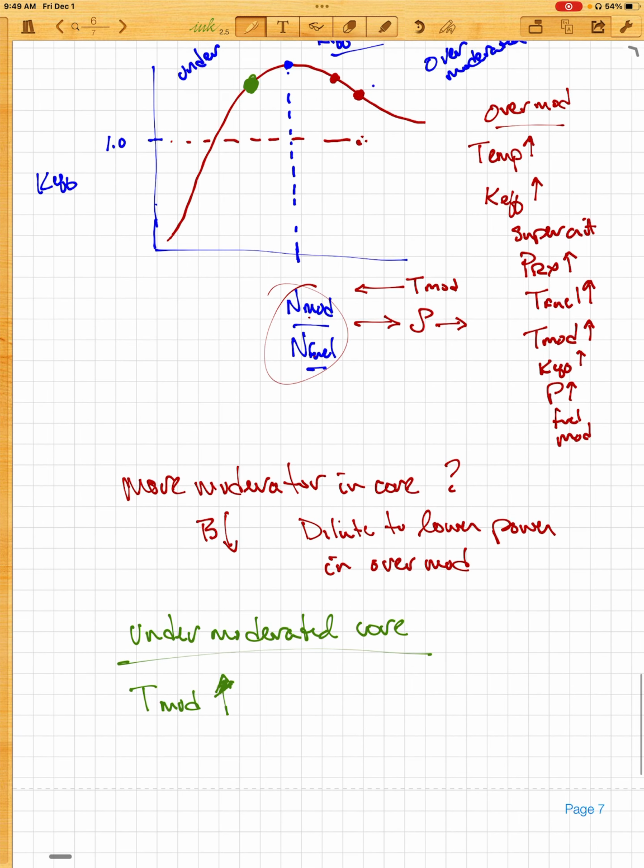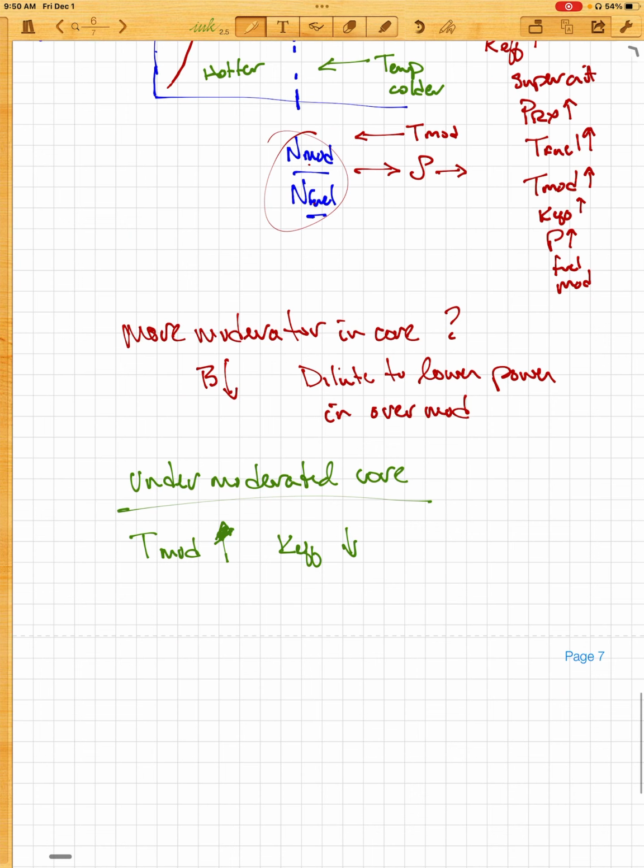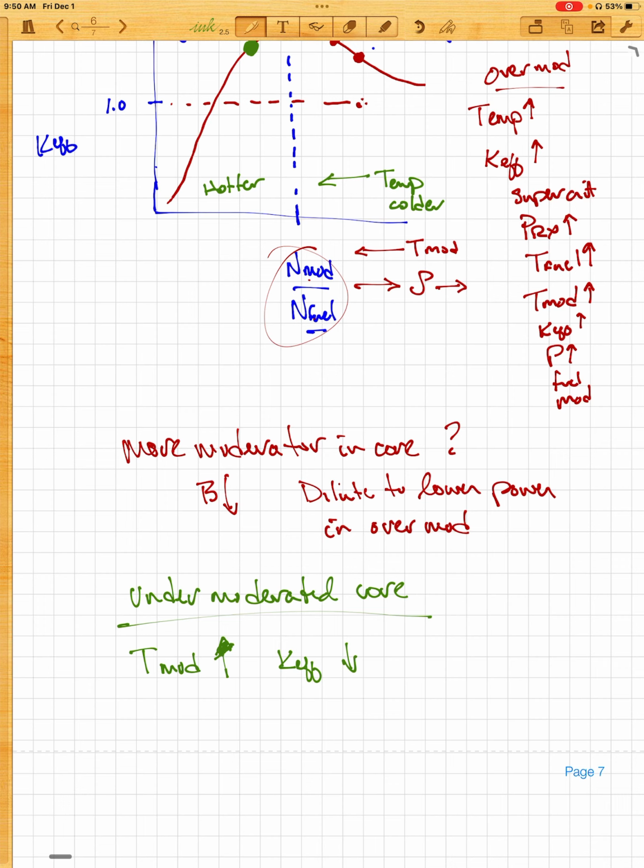Temperature rises. All right, so temperature goes up, and I think we remember temperature gets bigger here, so we're hotter, colder, this direction, okay? So temperature goes up. What happens then? Well, K effective goes down. K effective goes down. Power goes down, sorry.